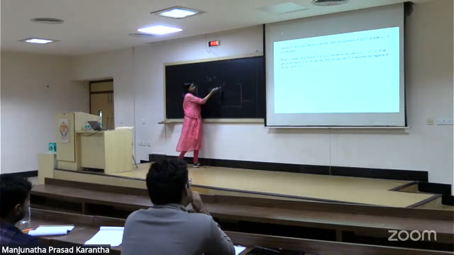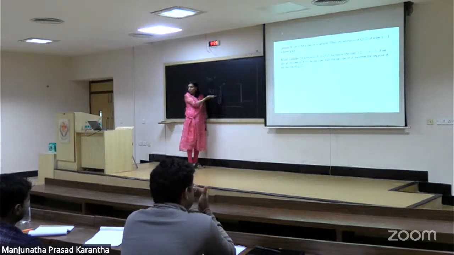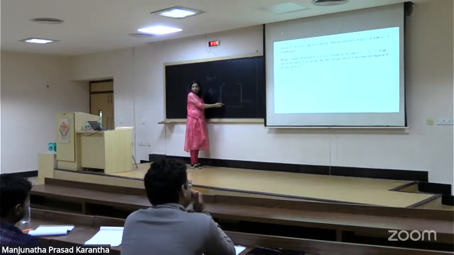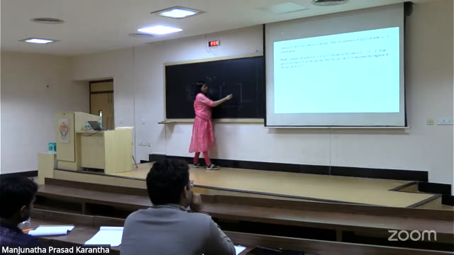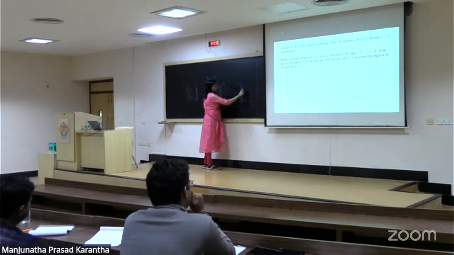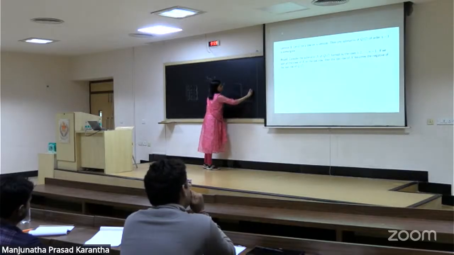So if I add all these rows and minus 1 rows, whatever it will come, there will be negative of this row. So if we add all this, like row 1 to row n minus 1, that is nothing but negative of row n.